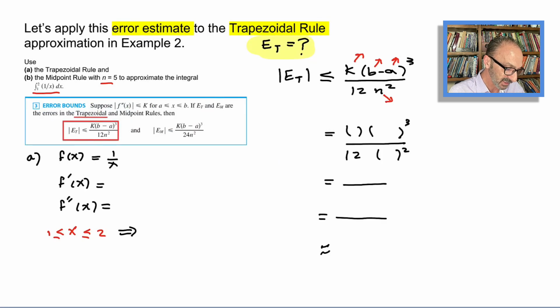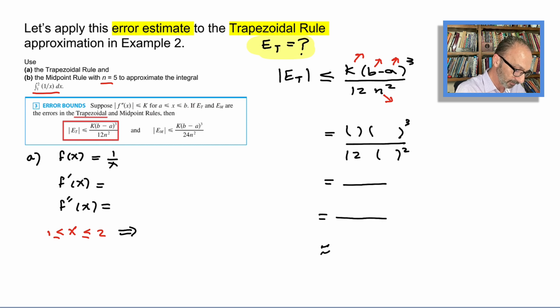Let's apply the error estimate to the trapezoidal rule approximation in our previous example number 2. I'm doing part A, which is the trapezoidal rule. f of x equals 1 over x.